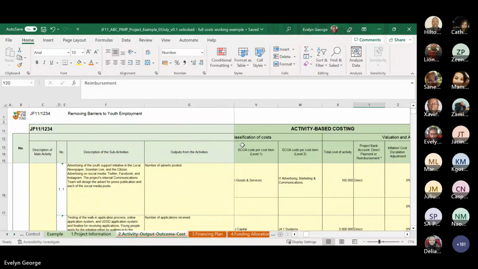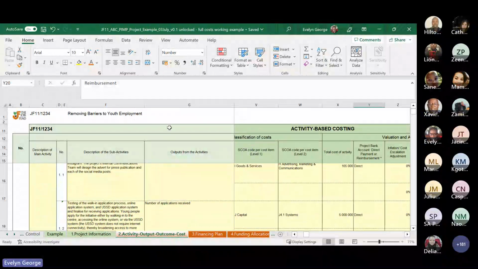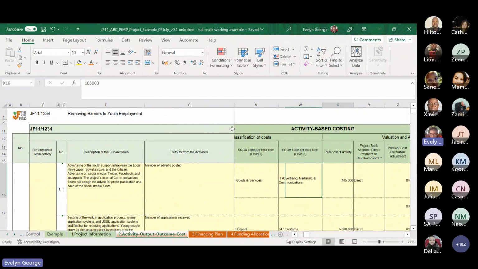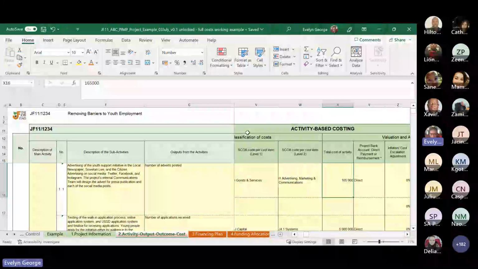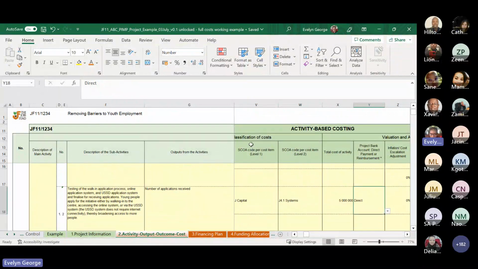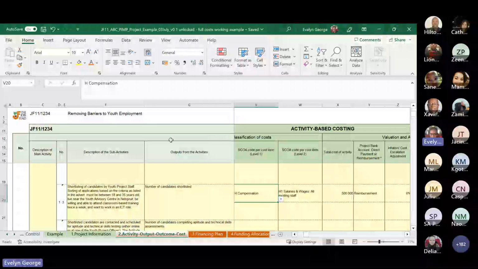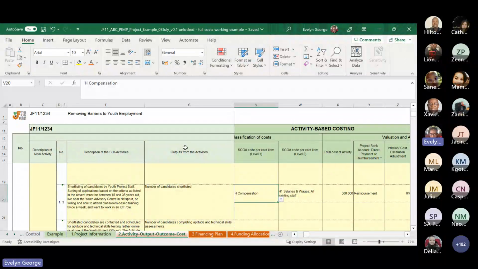Okay, so if you look at the example, everything new-ish, or things that can be invoiced in modules, are being paid directly from the project bank account. We are generally looking at costs that predated the jobs fund, where there's a system in place, so it's compensation.